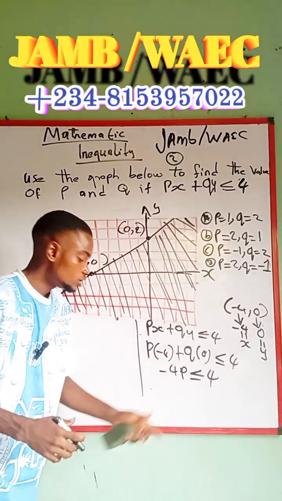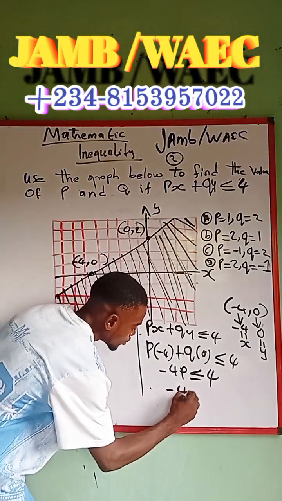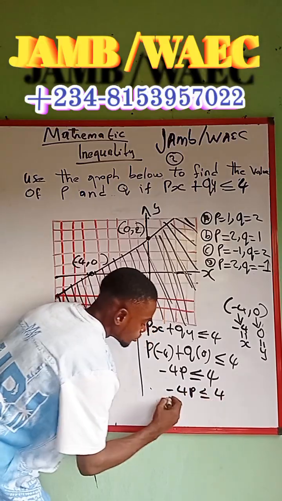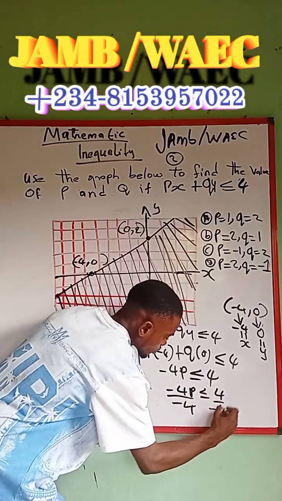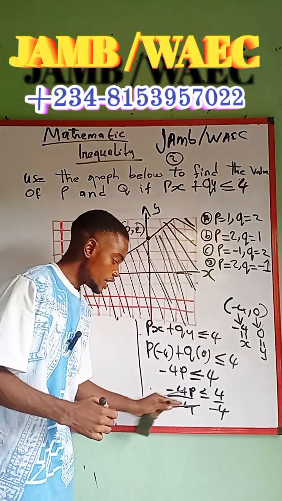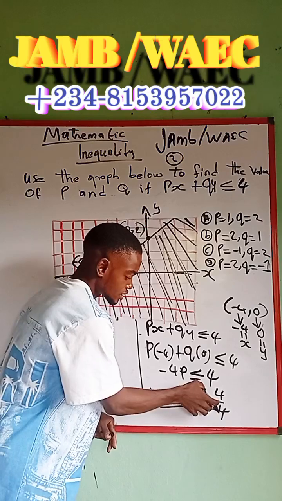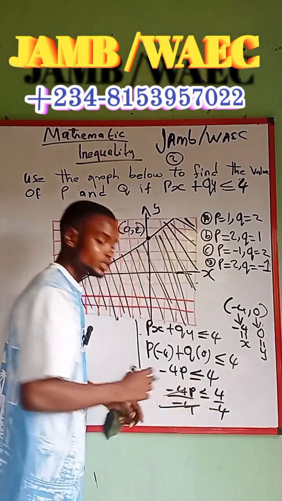Now we have -4P instead of P. We are looking for P, not -4P. So to eliminate -4 from it, we are going to divide by -4 on both sides. This cancels this. Now you find out that once you are using an inequality and you are dividing with a negative number, the sign is going to change.